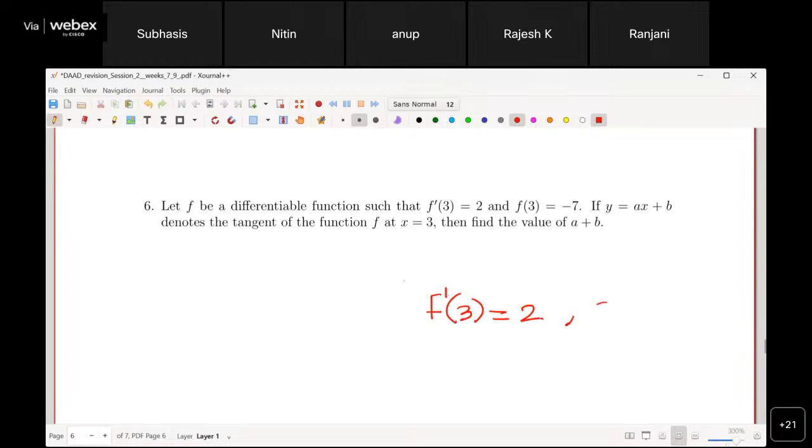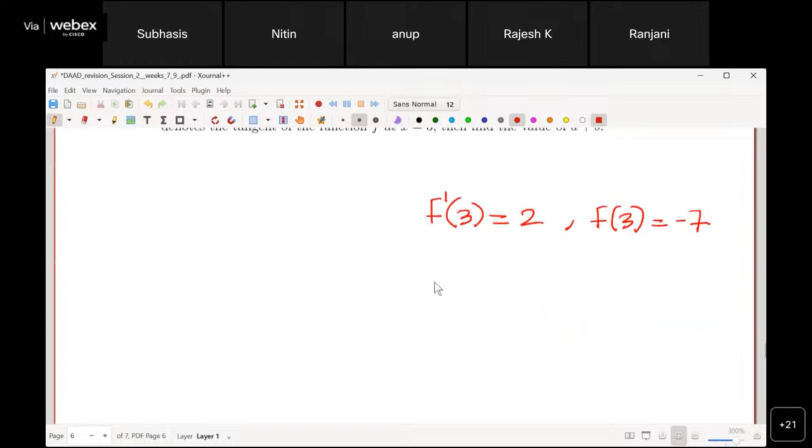And one more thing is given that f of 3 is -7, right? So what is this line? This line basically is the tangent line of this function at x equal to 3, right? This line is nothing but the tangent line of this function at x equal to 3.